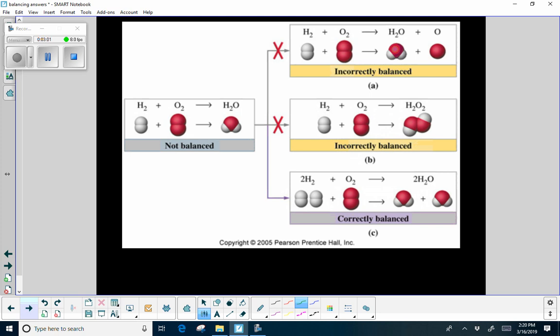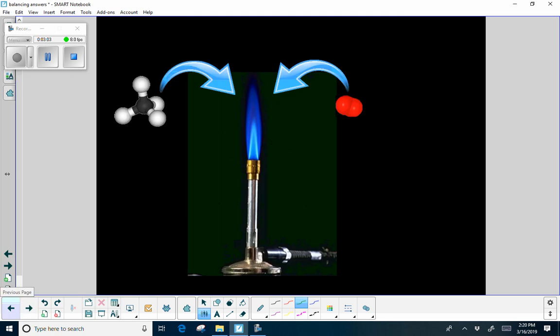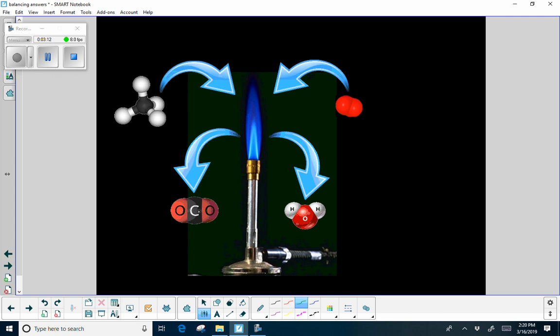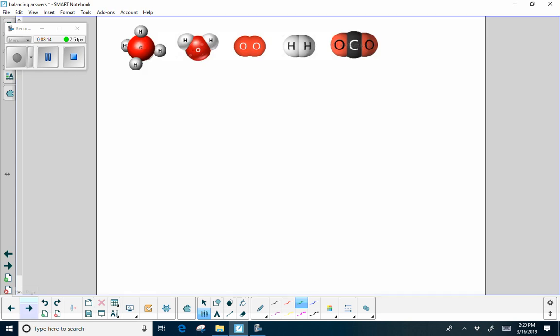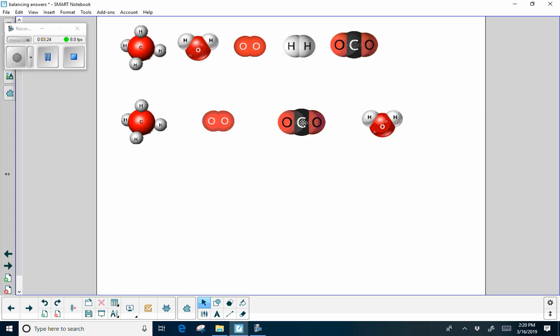So what we have here is a typical reaction we have in our lab. We have our Bunsen burner. In the Bunsen burner, we have a reaction between methane and oxygen, and it produces carbon dioxide and water vapor. So let's write down what's happening here. I'm going to have my methane and oxygen combining, and they produce water vapor and carbon dioxide.